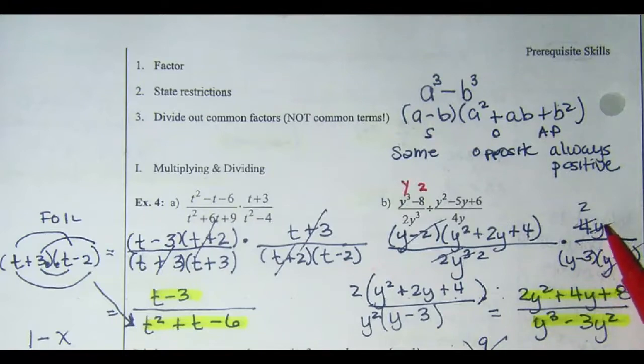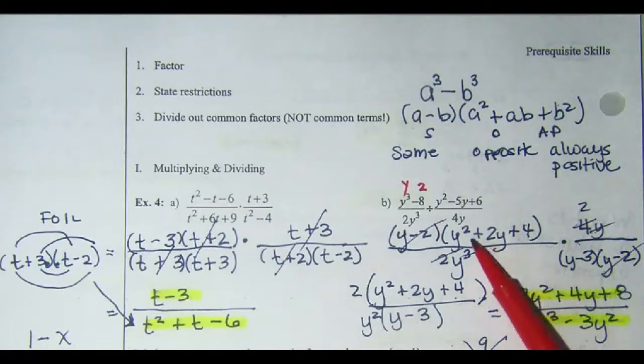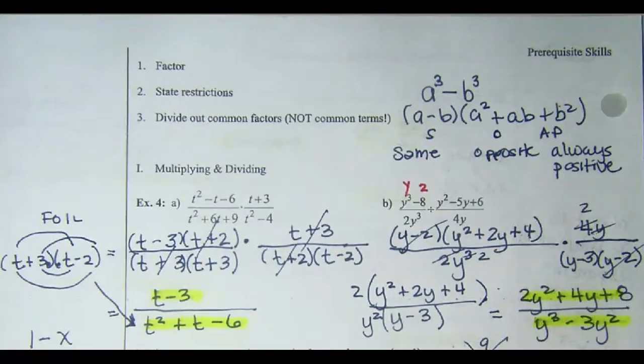Now, if there's no add or subtracts, these just cancel. But if there's adds and subtracts in between, you have to cancel the entire binomial. So y minus 2 cancels with y minus 2. And I believe this gives me 2y squared plus 4y plus 8 over y cubed subtract 3y squared. And you can stop the video and look at the work.